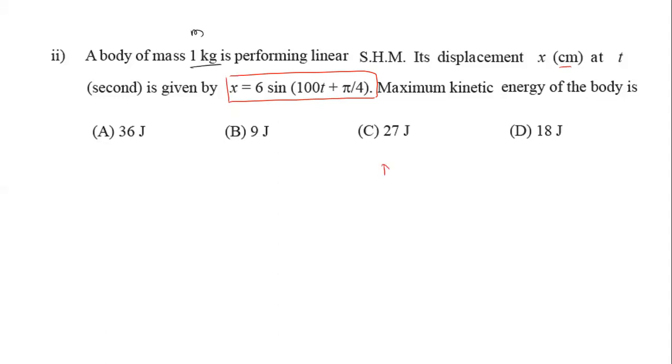So maximum kinetic energy is equal to 1 by 2 m v max square. Maximum velocity is given by the formula a omega, so v max square is a omega whole square.